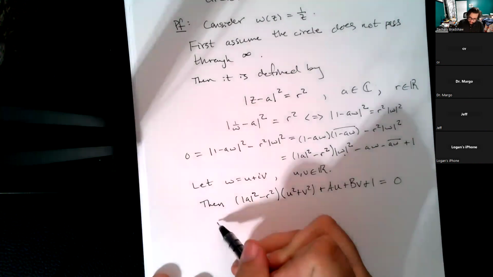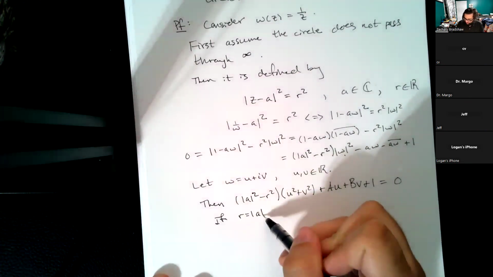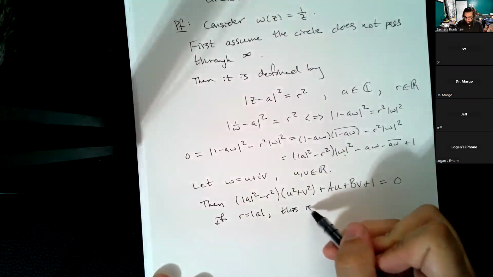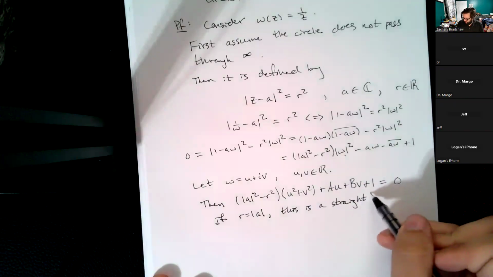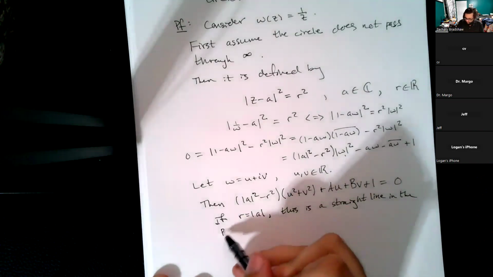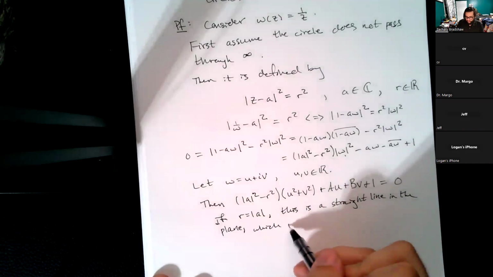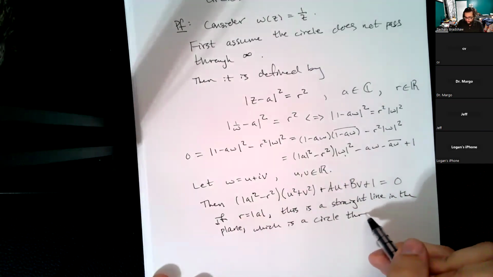So if r is equal to the modulus of a, this is a straight line, which is a circle through infinity.